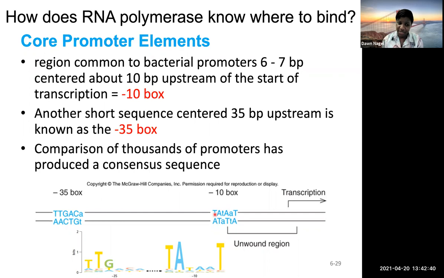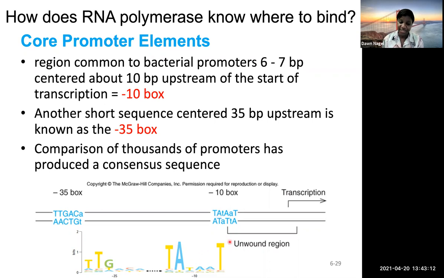Sometimes it has uppercase or lowercase, right? The way it's written is really depending on this consensus sequence. So this is the consensus sequence. If you notice at the -10, you have T and A, you have these lower T, A, and A, and then you have a higher in terms of the height. The height determines percentage, okay? So T and A is almost always present at this first and second position.